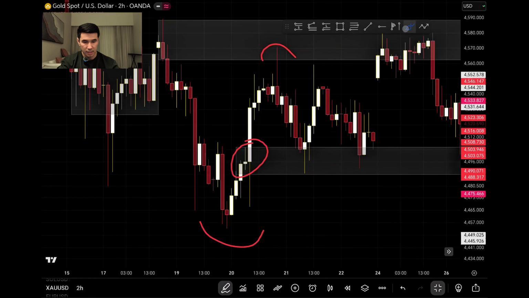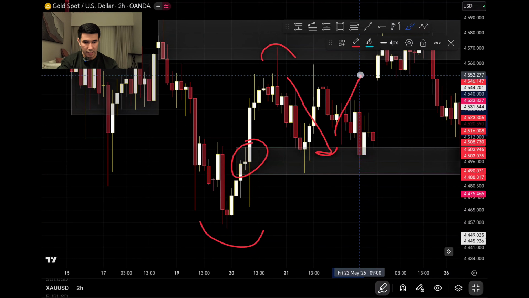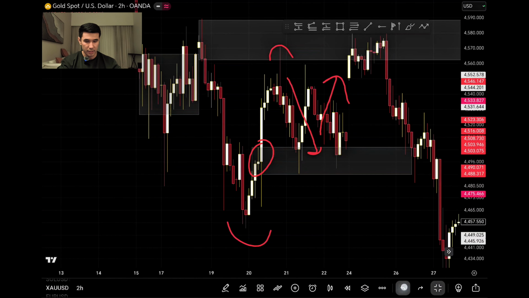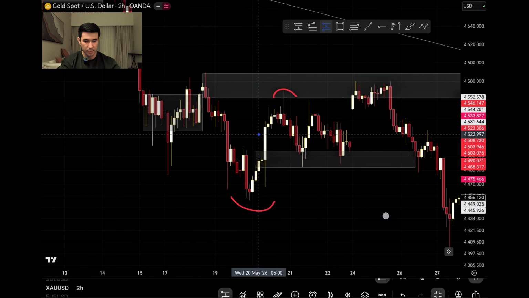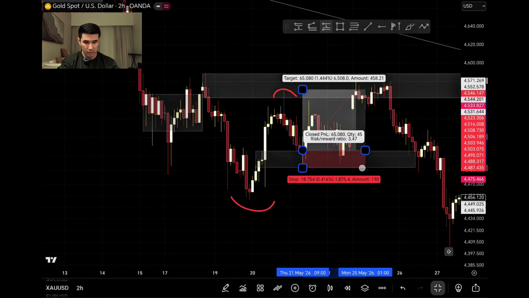The market returned back here and kicked it on the top of the market again. You could get a nice profit here. For example, if you put it here below this, and the take profit is here, so it still works.